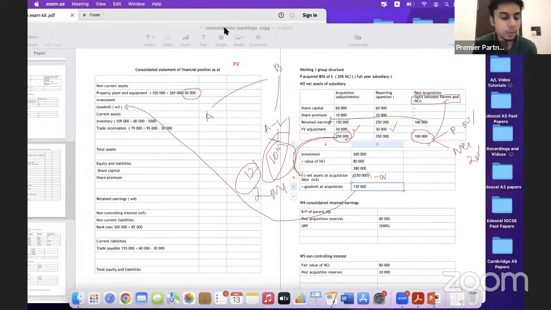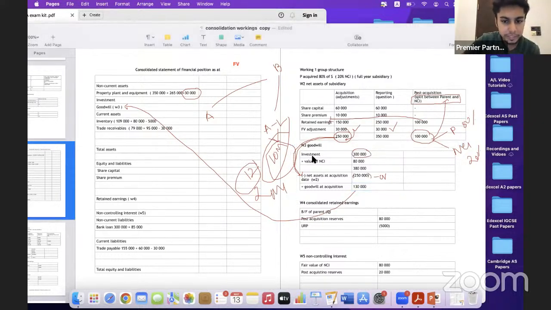And also, guys, one small thing I forgot to mention during my explanation is that when you write investment over here, now guys, in my goodwill working, I start off with investment. Now, what's investment? How much did the parent pay to buy the subsidiary? When you write the investment here, you should remove that investment from your SOFP.